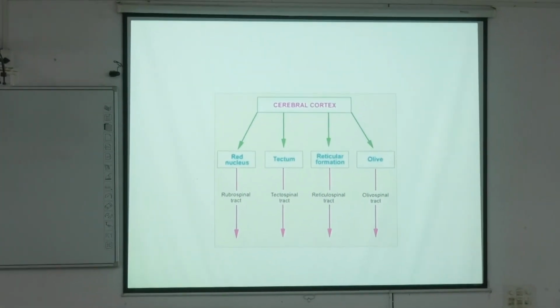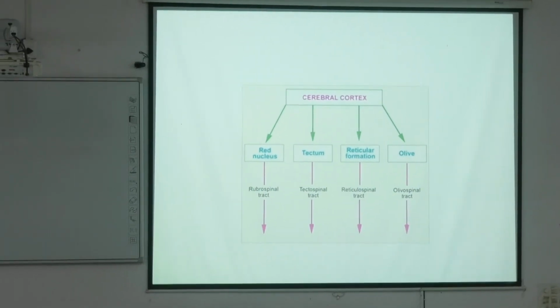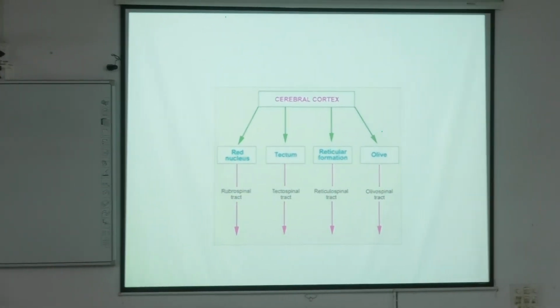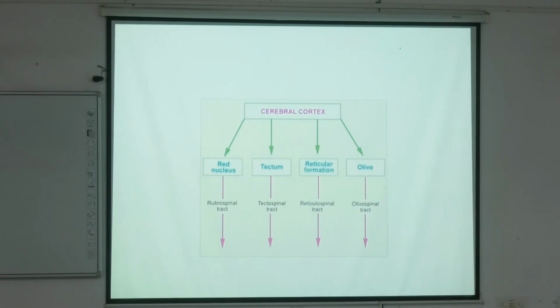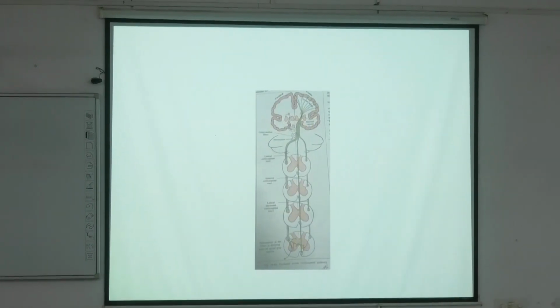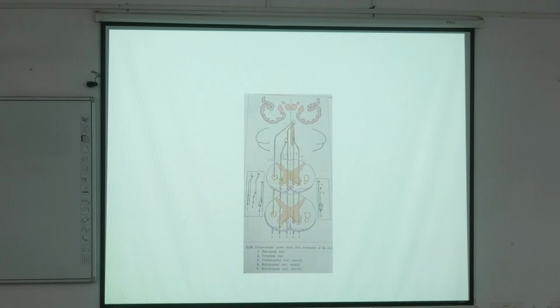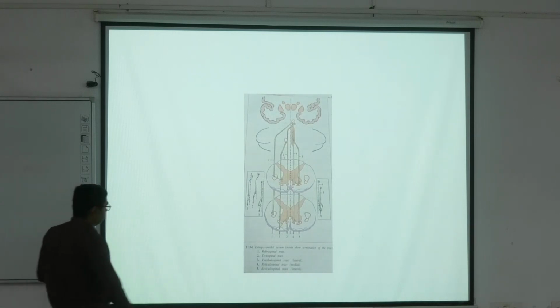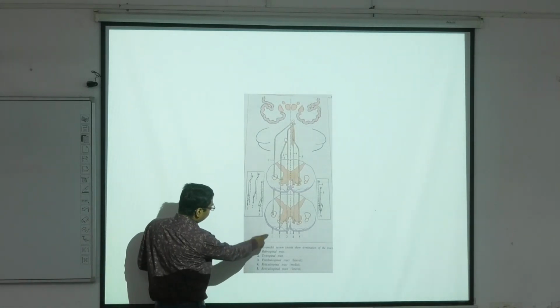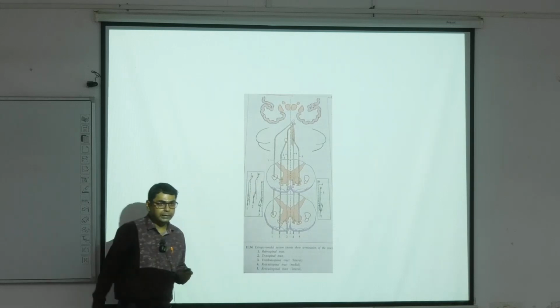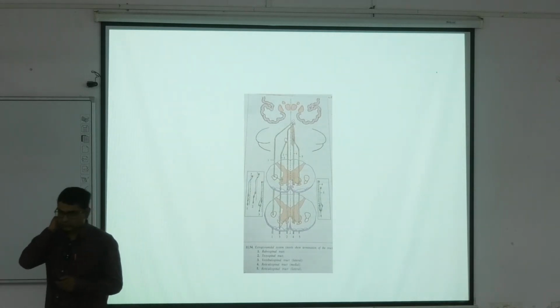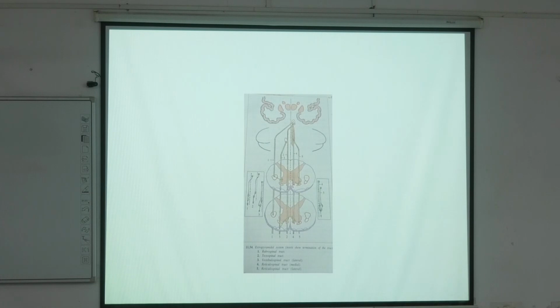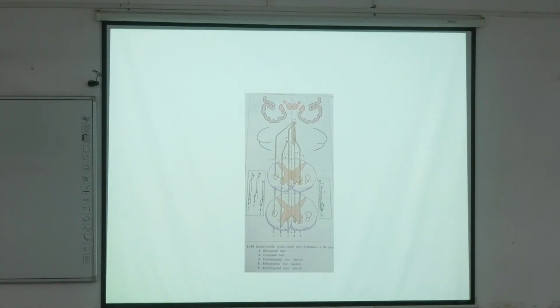So it originates from the red nucleus, where? In the midbrain tegmentum. And this has crossed over, so it crosses the midline, okay, it crosses the midline to the opposite side, and the tract descends in the lateral column.